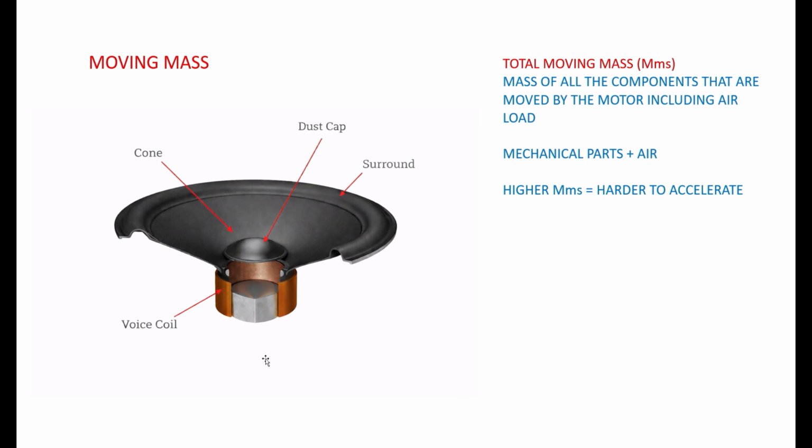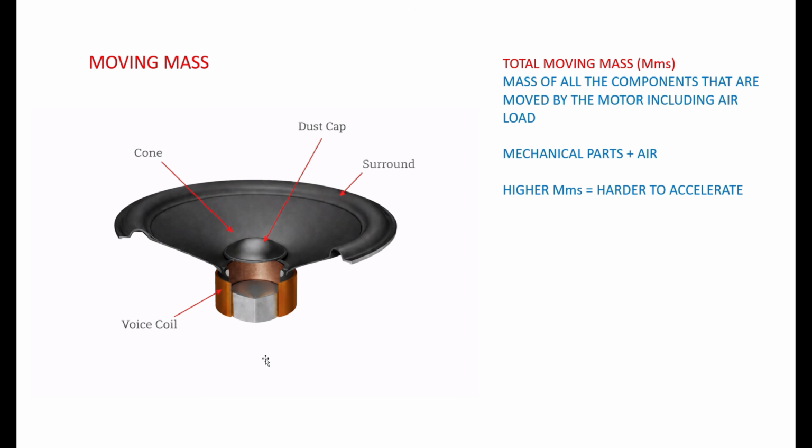Well, because the higher the total moving mass, the bigger the motor that you need to be able to accelerate it and brake it, and control the cone's movement, right? So, for example, if you have a speaker with a high moving mass, but it has a very small BL value or motor force value, then that speaker is more likely to be more difficult to control and have less sound quality, because the motor won't be able to control it as well, right?